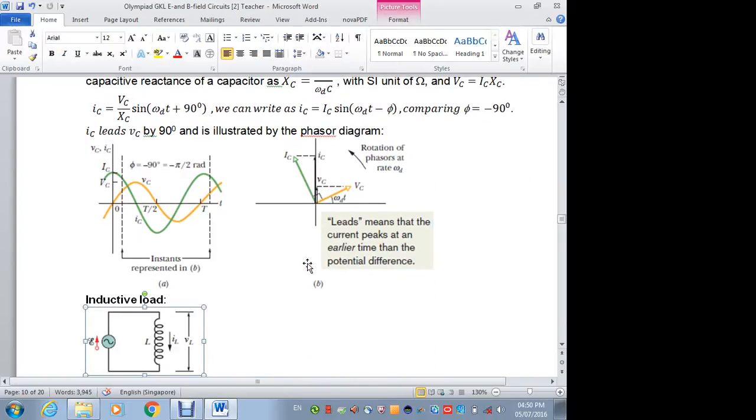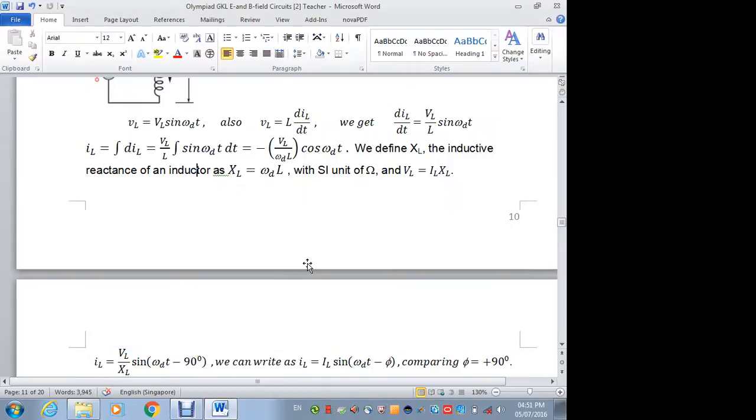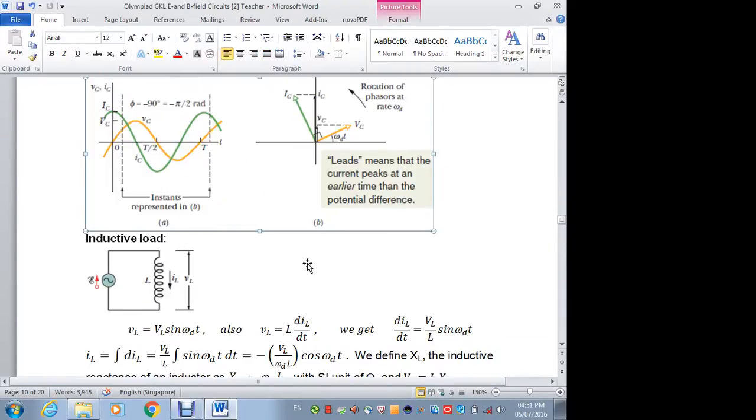Now let's come to the inductive loop. You connect the AC source again to an inductor, and again you will see that the current and the voltage are out of phase by some angle.